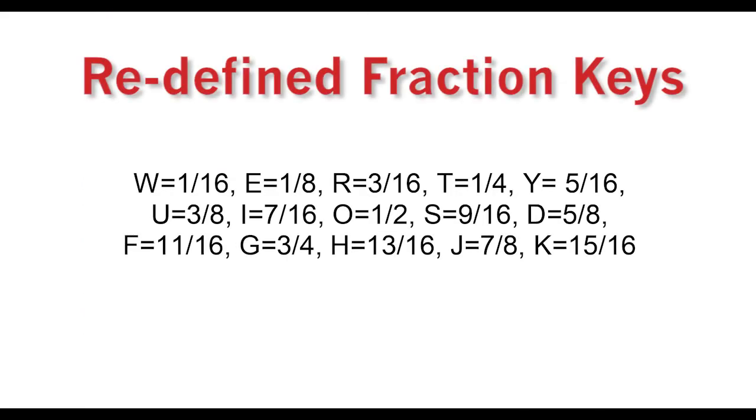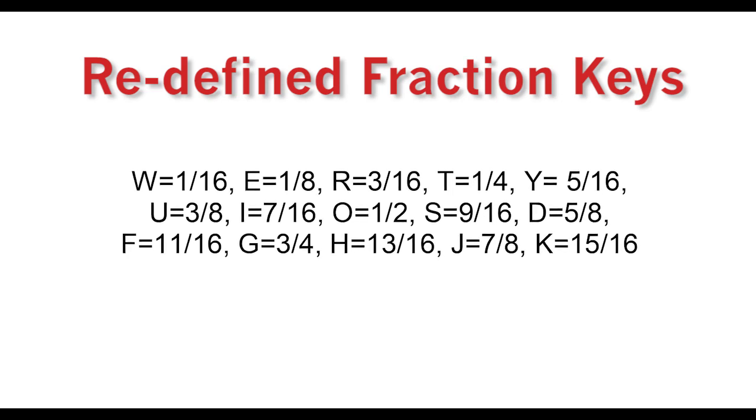If an item can require fractions, such as an angle or plate description or even a length, Romac features predefined fraction shortcut keys to make it easier. So rather than typing in the fraction or decimal equivalent, you can just use the predefined fraction keys, and you can see those here.